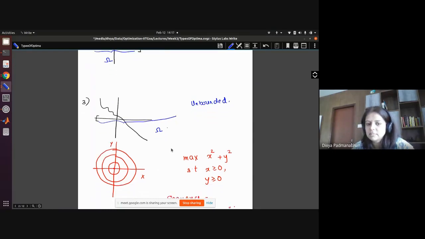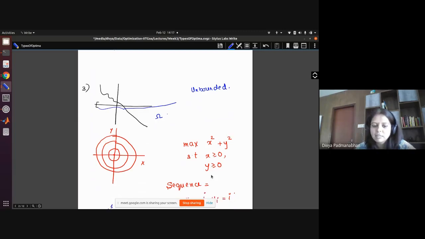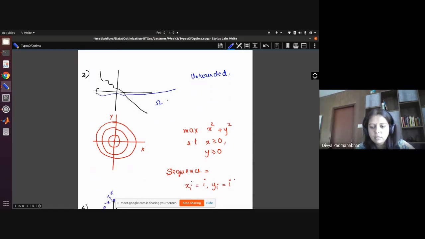An example for this kind of an optimization problem is just this. We had seen this earlier, right? So you're trying to maximize x square plus y square subject to x greater than or equal to 0 and y greater than or equal to 0. Okay, so you can keep on increasing the values of x and y. So to write it mathematically, what would happen is you can find a sequence of feasible points such that the objective function value goes to infinity.